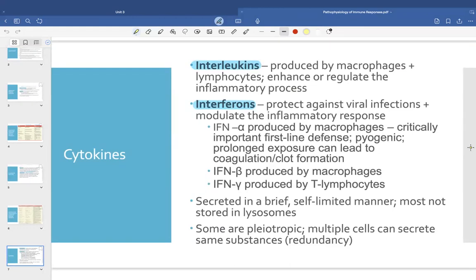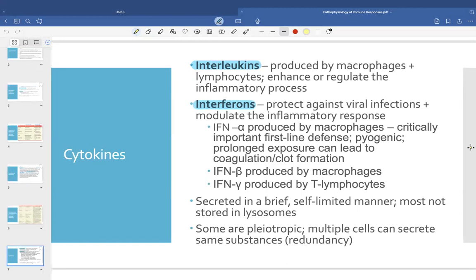Your interferons, I have them spelled out, alpha, beta, and gamma. Okay, and so alpha is extremely active. These are mostly macrophages and T lymphocytes.